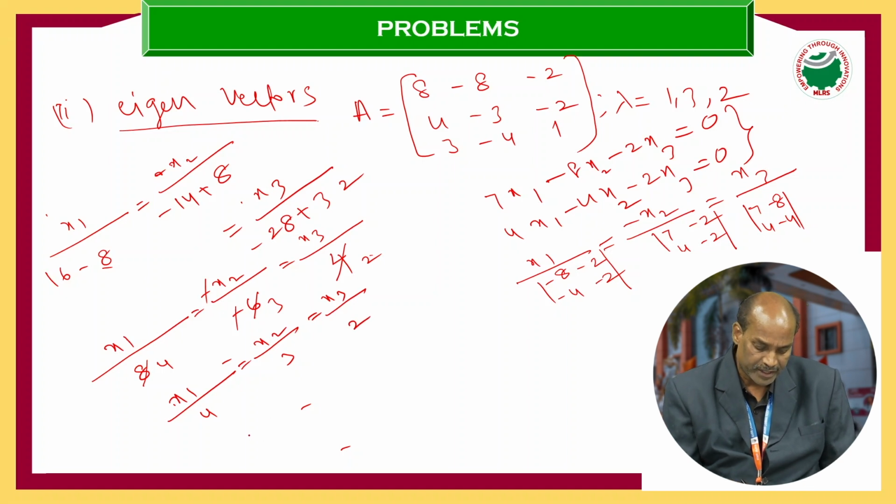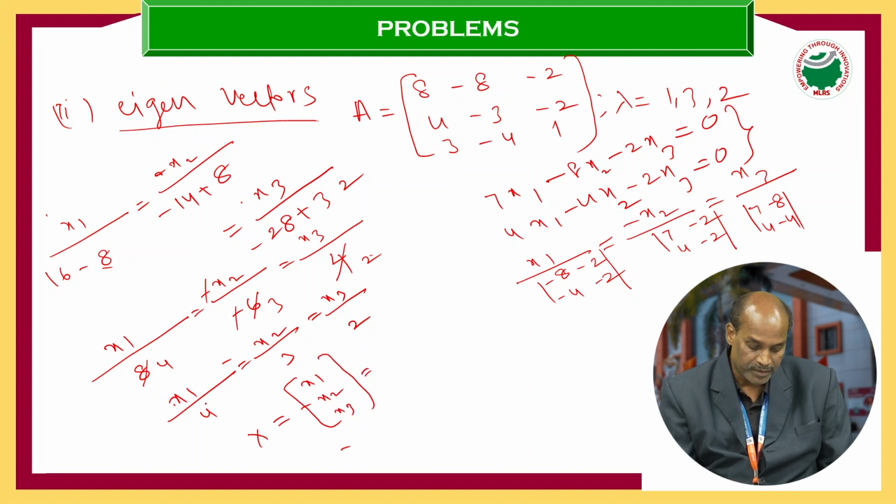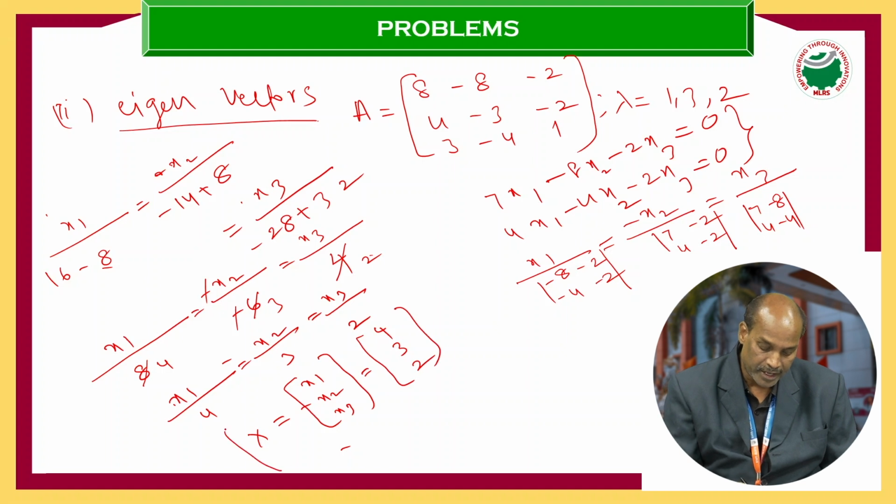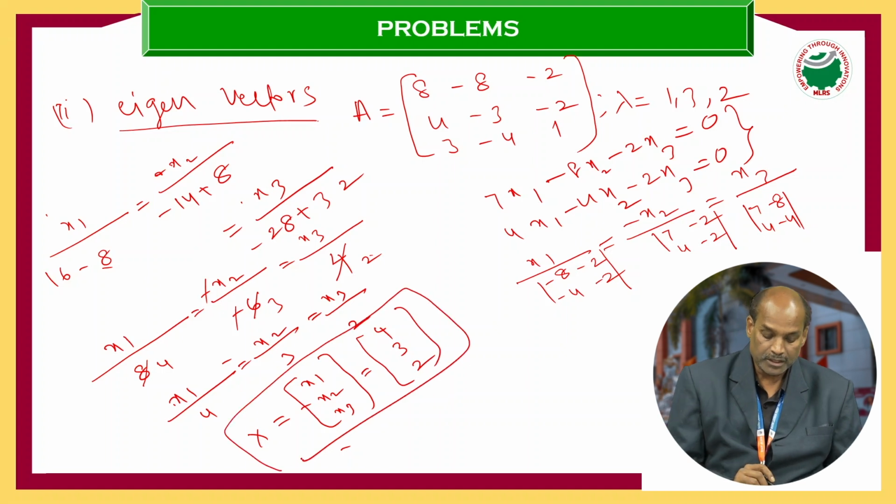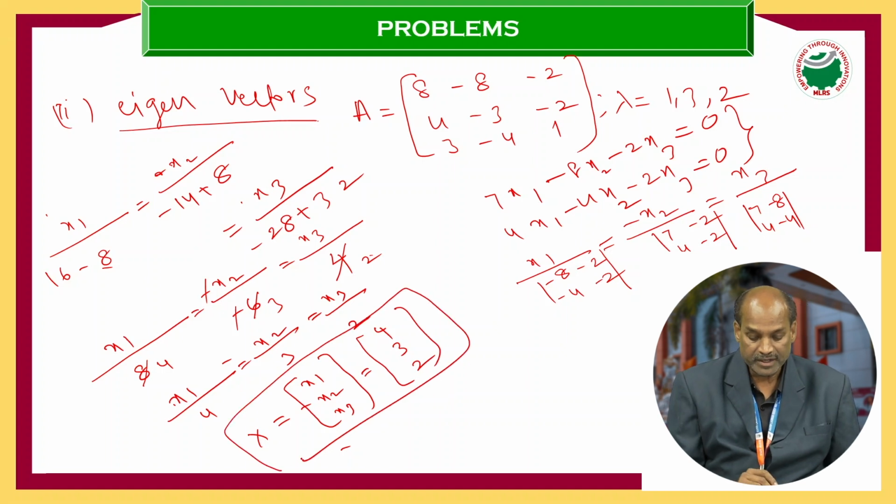Now x equals x1, x2, x3, where x1 value is 4, x2 value is 3, x3 value is 2. This is the required eigenvector of the given matrix A corresponding to lambda equal to 1.